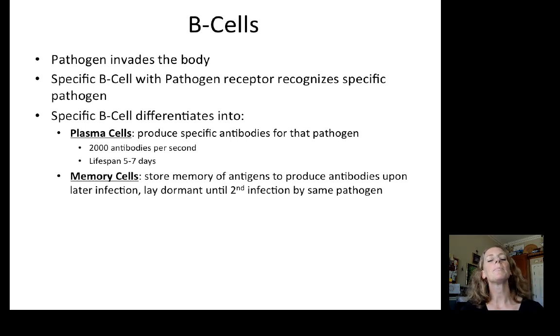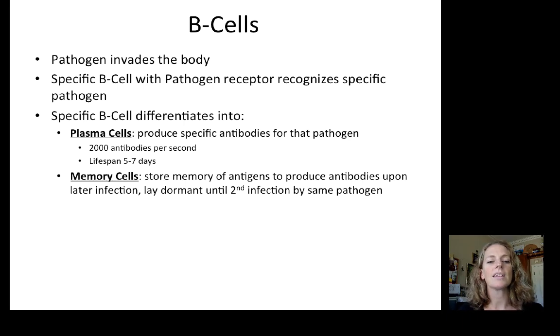Okay, B cells. So we're going to first talk about antibody-mediated immunity and what the B cells do. So here's what happens. The pathogen invades the body, and the specific B cell, with its specific receptor, because it's now immunocompetent, recognizes a specific pathogen.